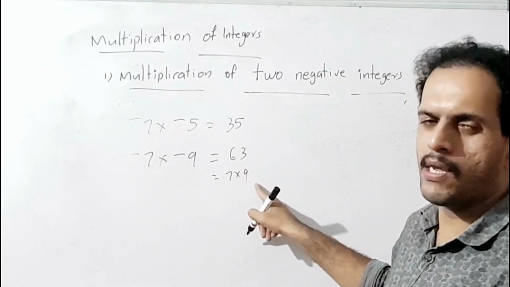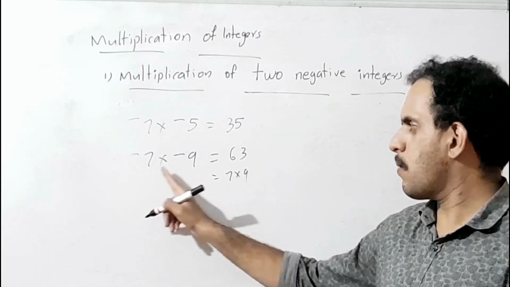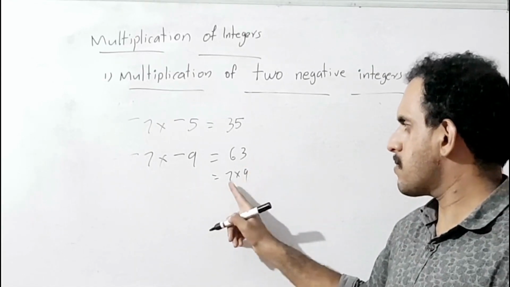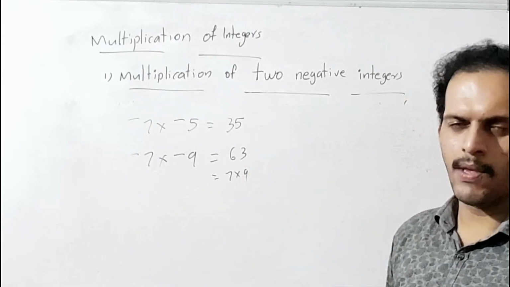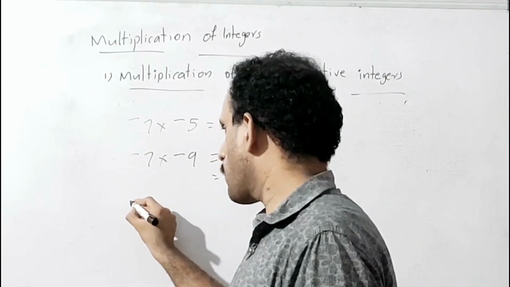What is the answer of 7 into 9? That is also 63. Correct? Minus 7 into minus 9 is 63 and 7 into 9 is also 63. So how do we multiply the two numbers?